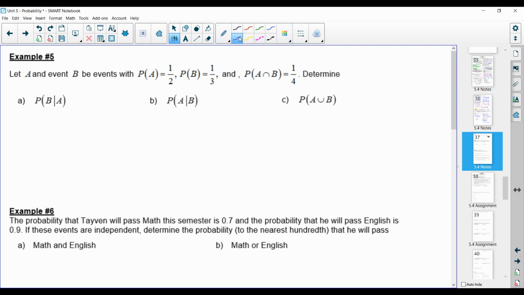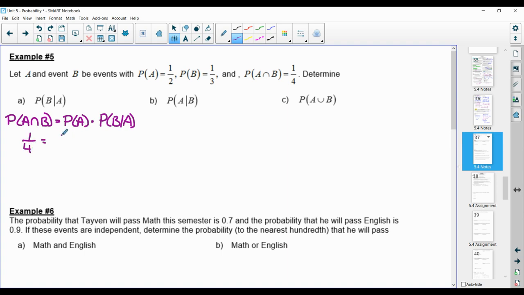All right, so let's take a look at the probability of B given A first of all. Now, because it's B given A, that means we're looking at the probability of A and B equaling the probability of A times the probability of B given A. Had it said A given B, then I would have written the probability of B and A. All right, the probability of A and B is 1/4.